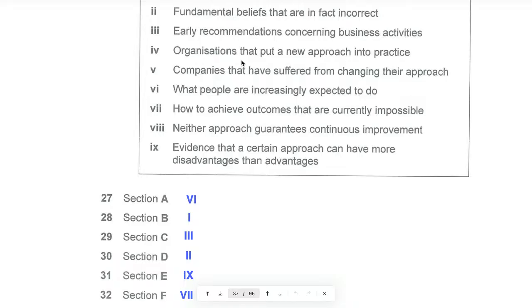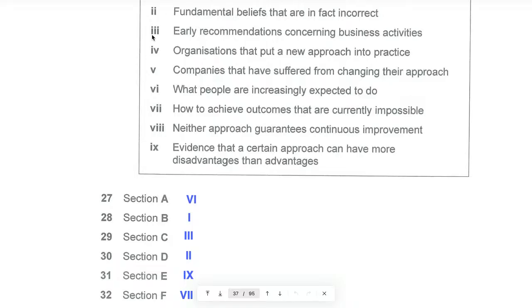Yeah, organizations that put a new approach into practice means some companies apply a new method, or they start using a new method. Okay? When they say put a new approach into practice, that means they use it. They start using it. Alright?